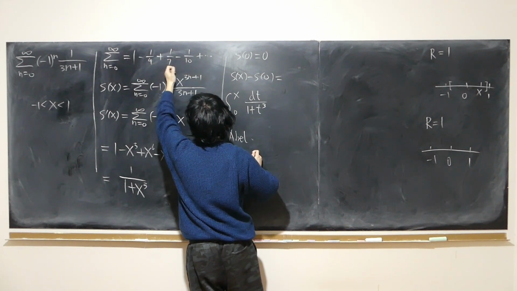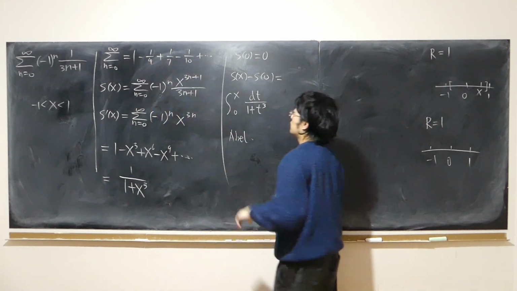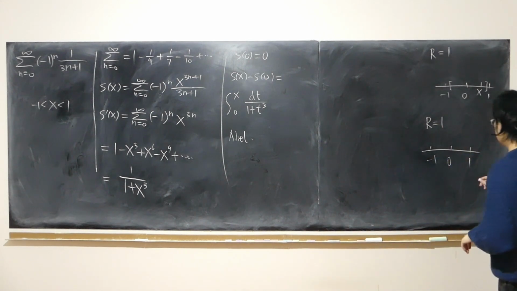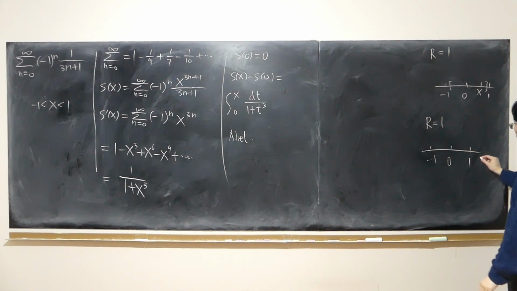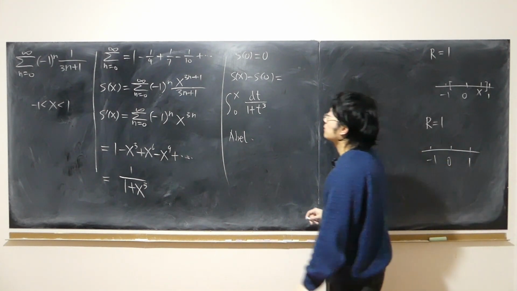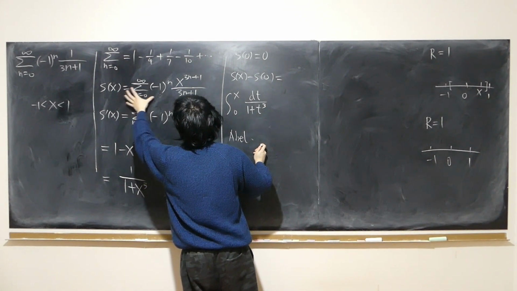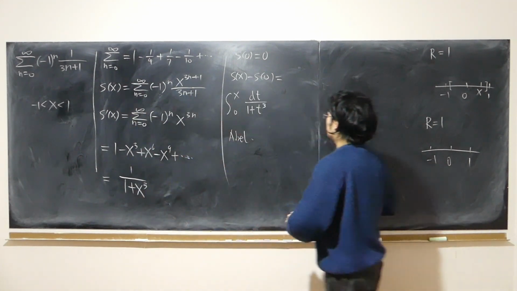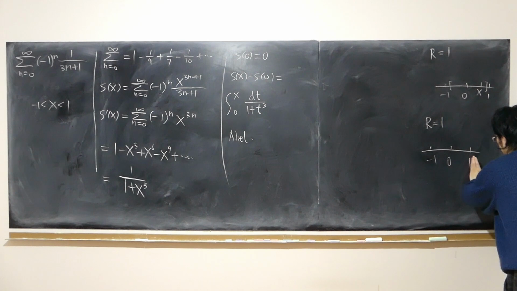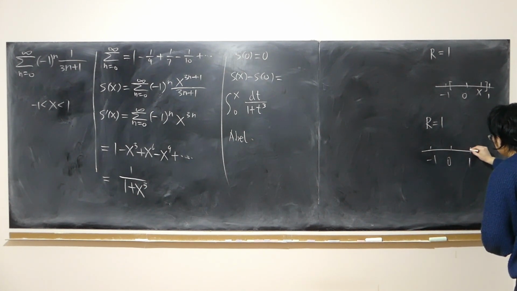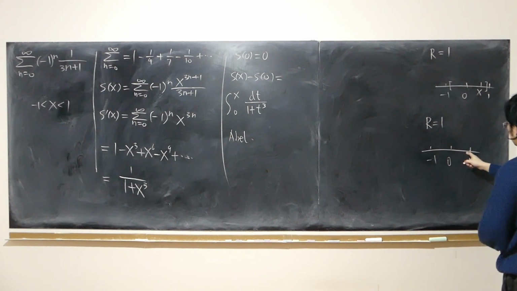Like I said, Leibniz alternating type of series, of course convergent. And Abel's second theorem tells us that if that's the case, then this function S of x has to be continuous at this point from the left-hand side.